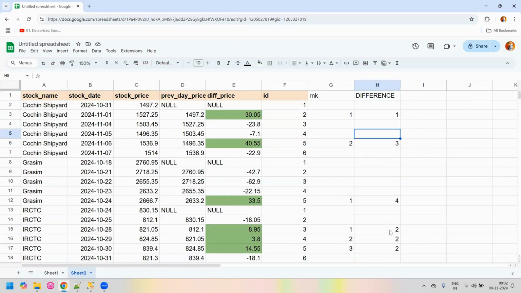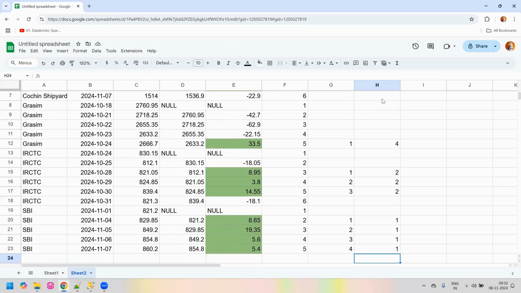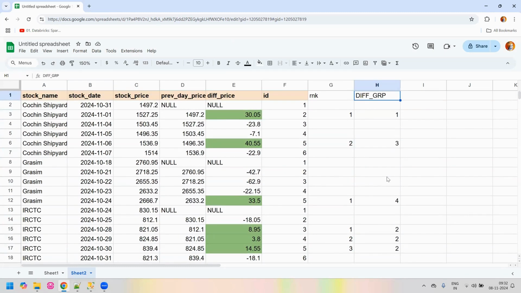Now we have to find out if there is a difference group, as we can call it, which has 3 or more entries. If there are 3 or more entries for a particular difference, then that is our output, which means that the stock has increased for 3 or more days consecutively for those entries. So this is what we want in the output.